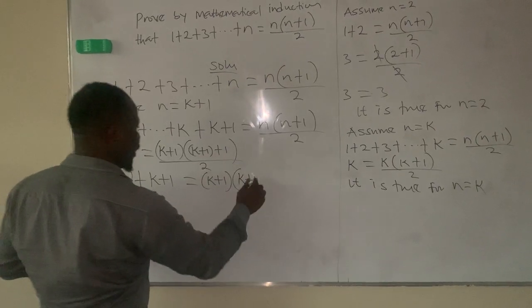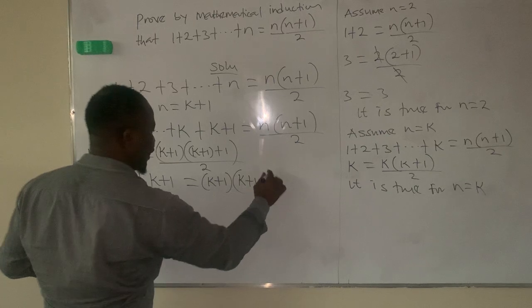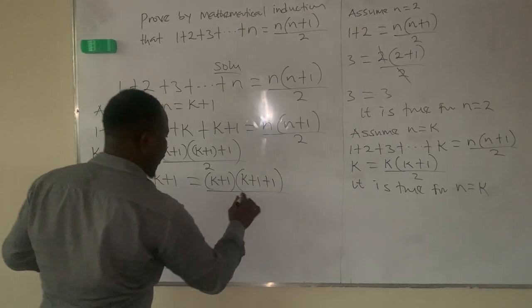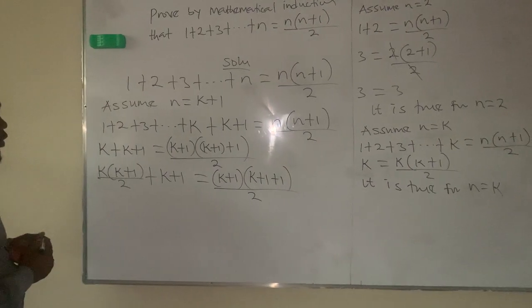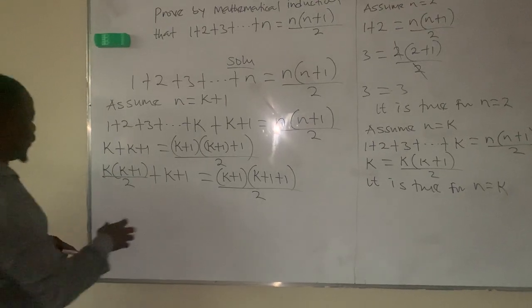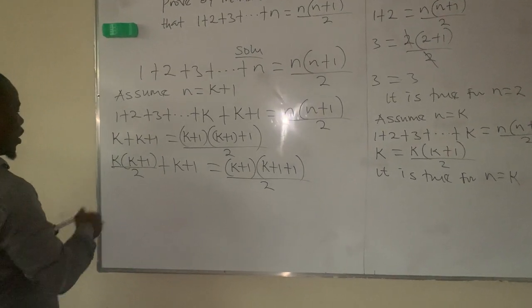If you open this bracket, we'll have plus 1 again. Is that clear? All over 2.